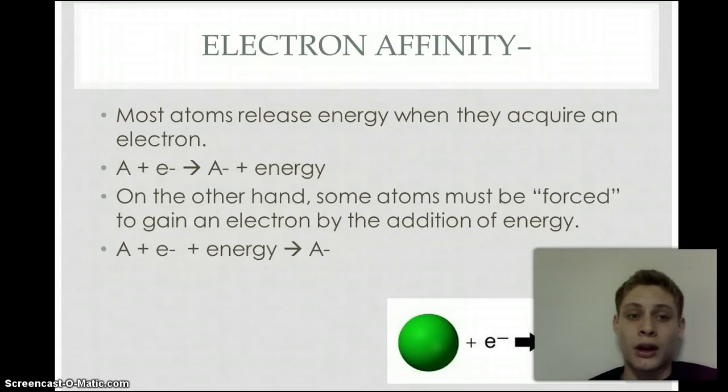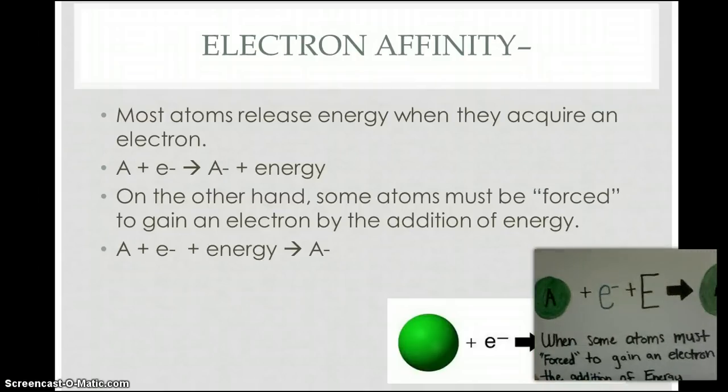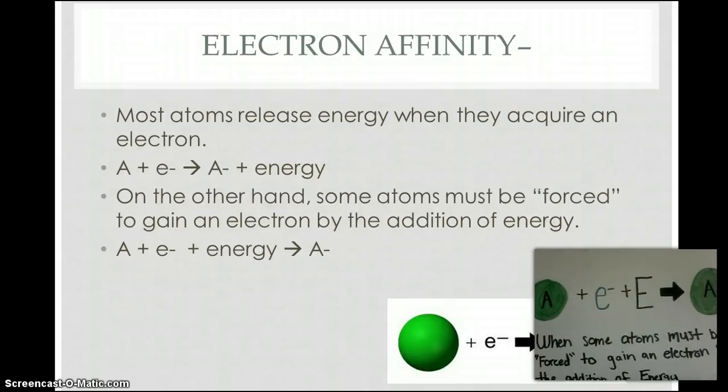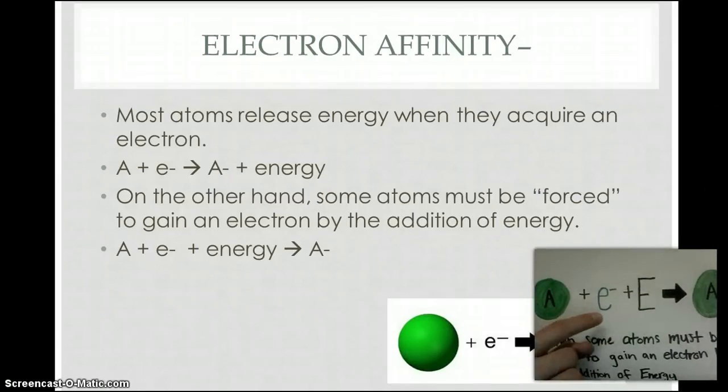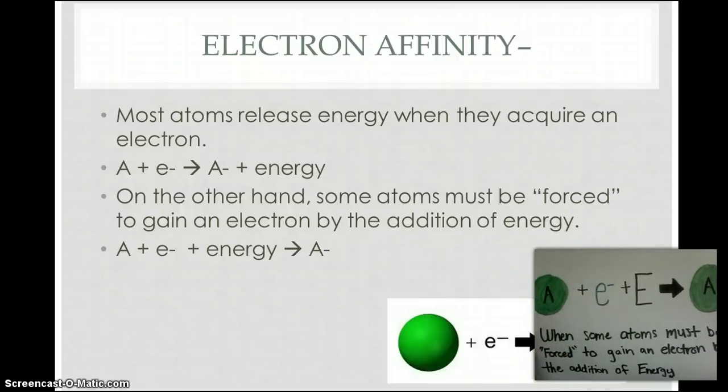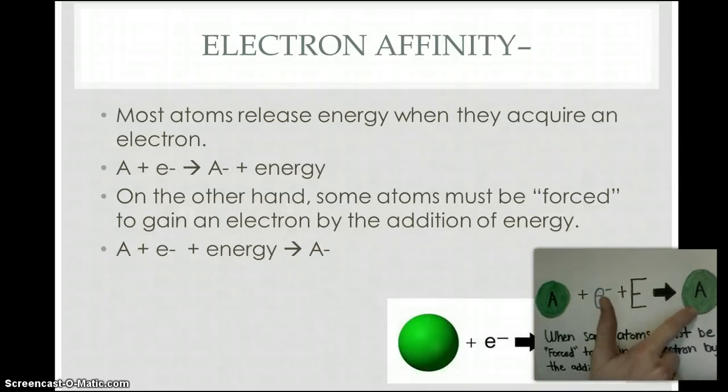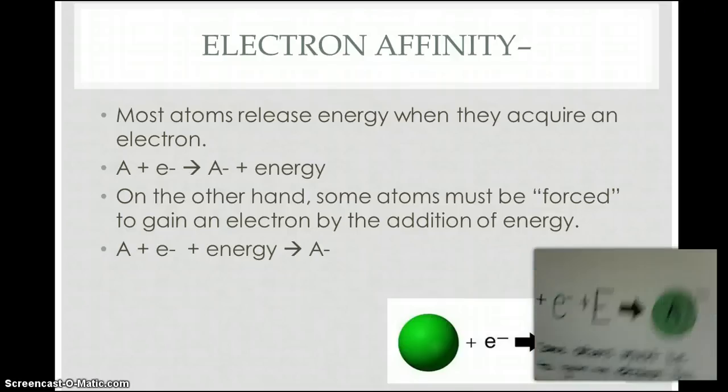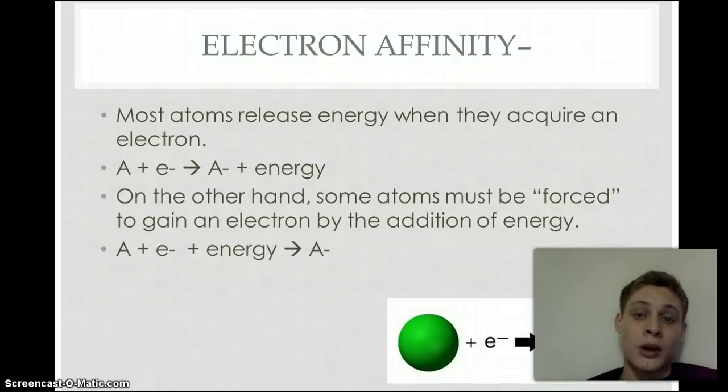Now I have this one, which is an atom plus an electron plus energy, which yields a negatively charged atom. And again, that one happens when the atoms are forced to gain an electron by the addition of energy.